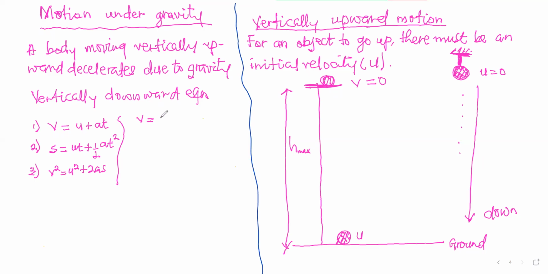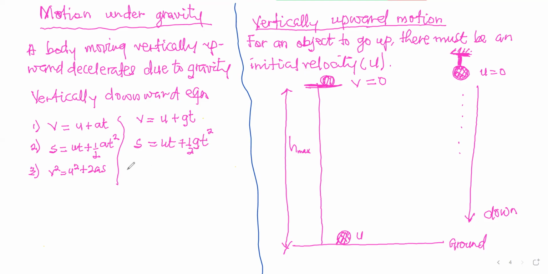So we have V is equal to U plus GT. The moment you see G in place of A, it means it's a vertically downward motion where the acceleration of the body due to gravity is positive. Then, S is equal to UT plus half GT squared.